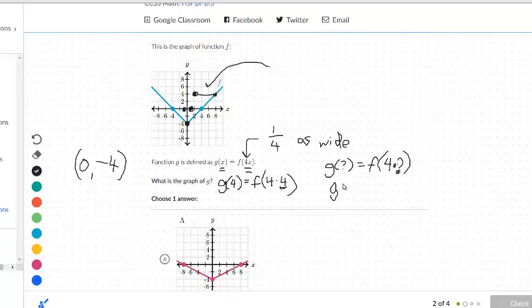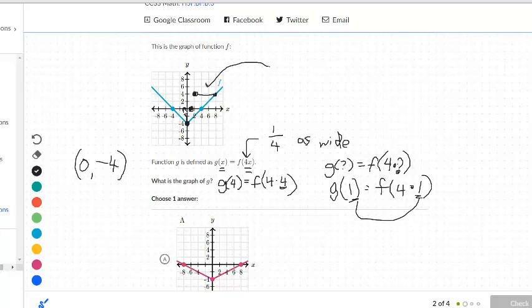So if I want to figure out where that 4 coordinate is, that x-intercept that is happening at 4, that would have to be 4 times 1. That's where that intercept is happening. So that means that new intercept is happening at G of 1. This number has to match.